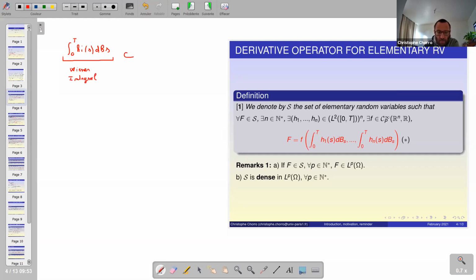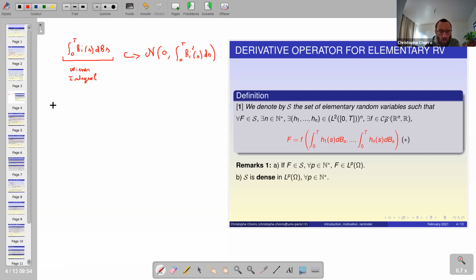And I know that this follows a centered Gaussian random variable with a variance equal to the integral of h_i squared(s) ds. So any Wiener integral is Gaussian, so it has moments of all order.